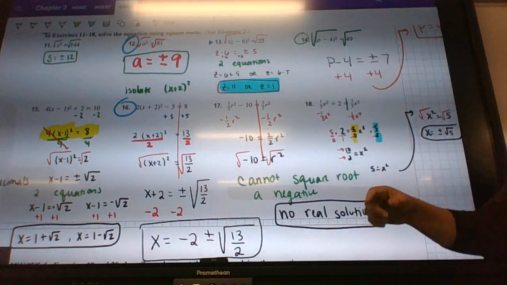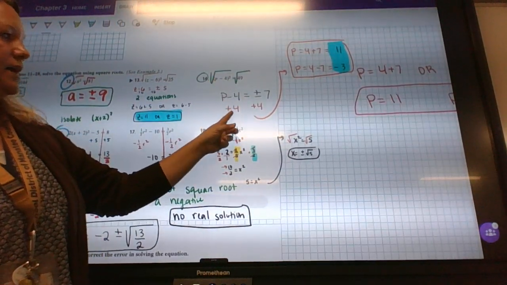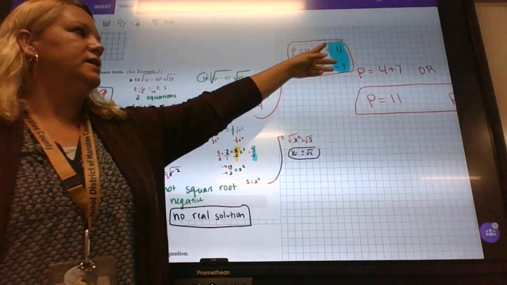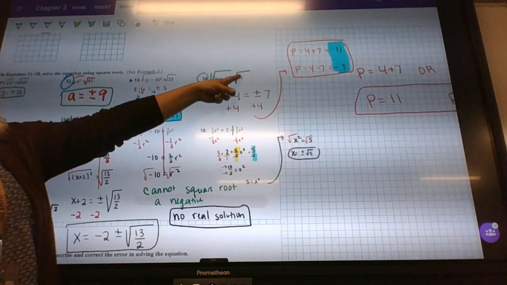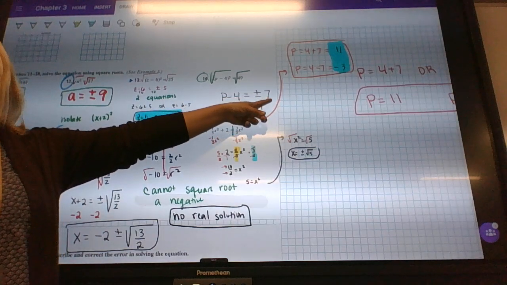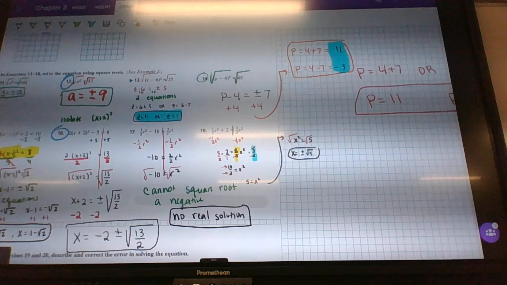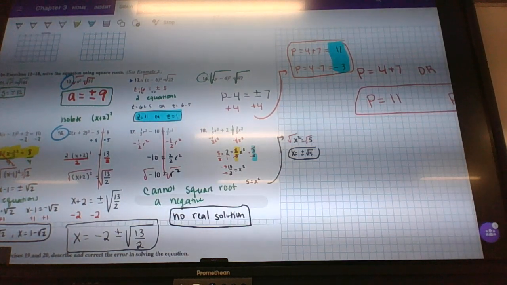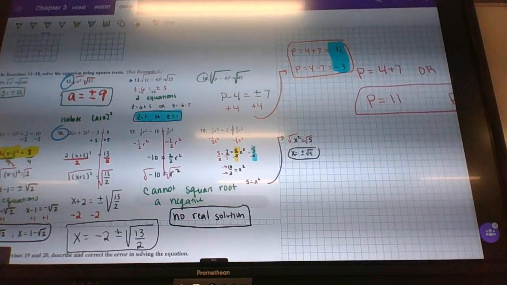Now I can add the 4, and I can actually do 4 plus 7 and 4 minus 7 and get two regular numbers out. Now, had this been a 40, for instance, 40 doesn't square root, it would be 4 plus or minus the square root of 40. So if the square root is not one of these numbers, you're going to keep the radical and keep a plus or minus. So it's all about whether or not you can square root it and then add at the end.